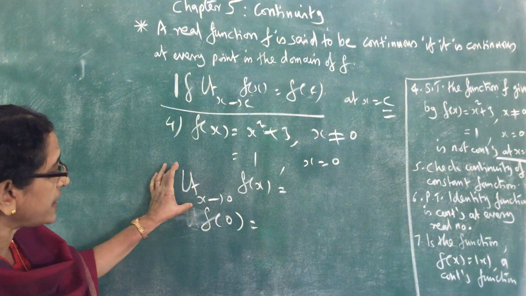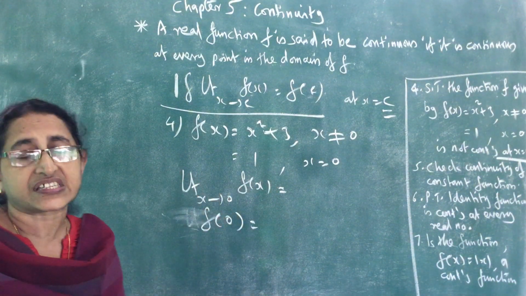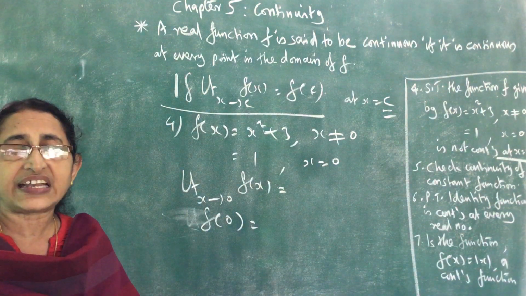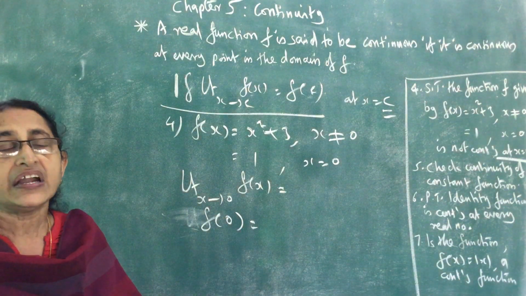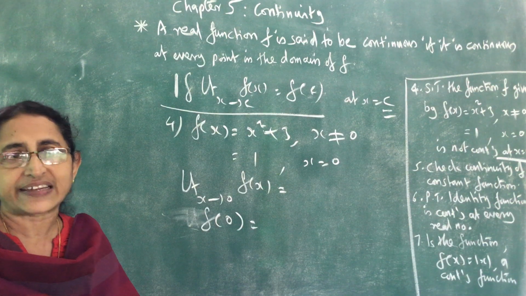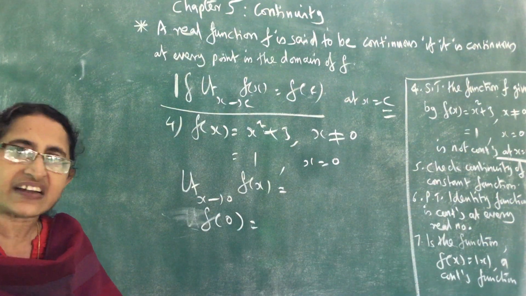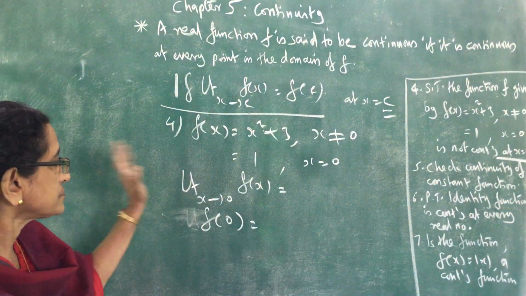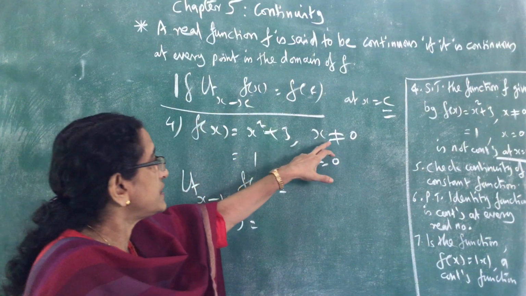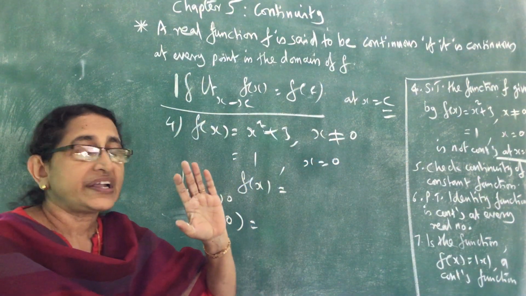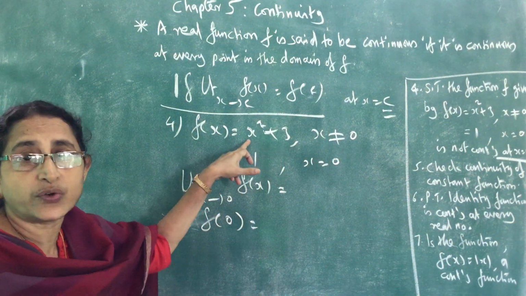When we find the limit x tends to 0 of f of x, we have to think whether we have to find left hand limit and right hand limit. Here no need to find left hand limit and right hand limit. Only one limit, the direct limit, we can find, because when x is not equal to 0, the function has only one value.